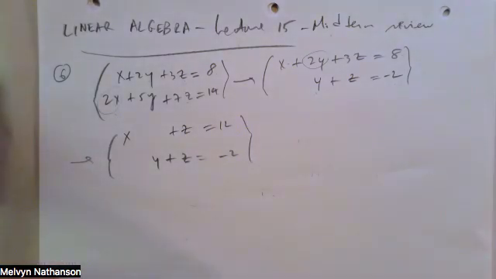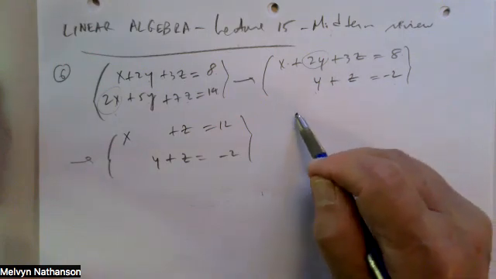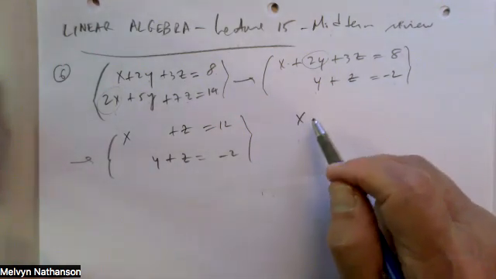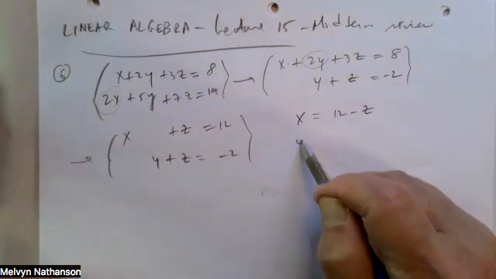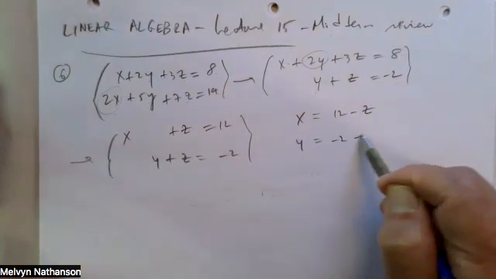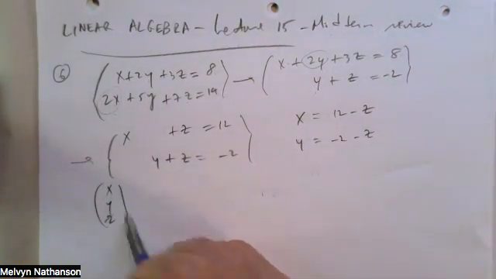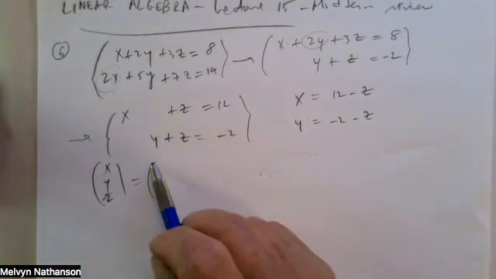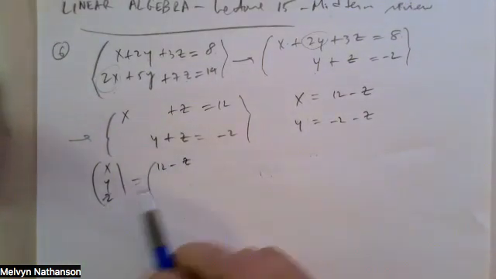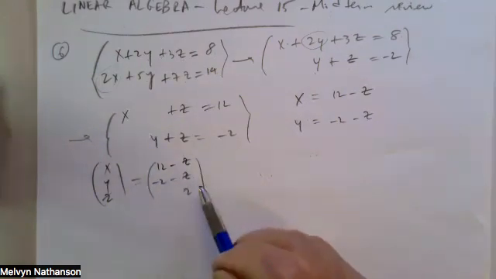So this is an equivalent system of equations. In this system, no matter what z is, x is going to be 12 minus z, and y is going to be minus 2 minus z. So the solution x, y, z will be 12 minus z, minus 2 minus z, and z.